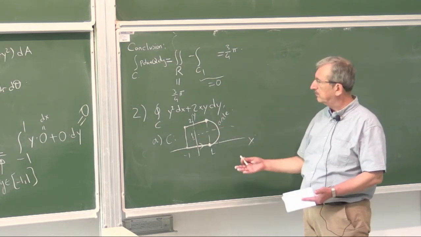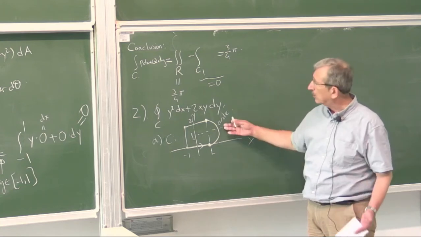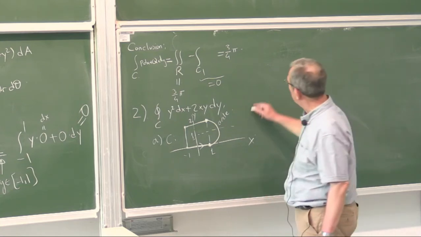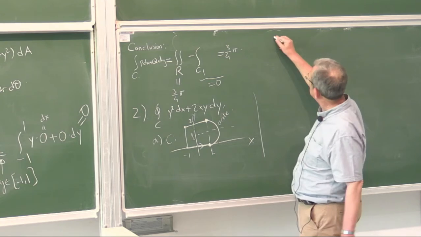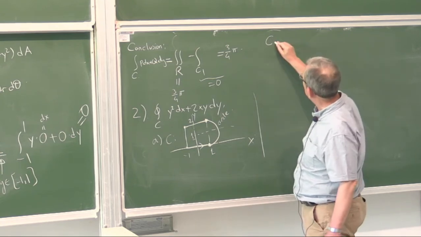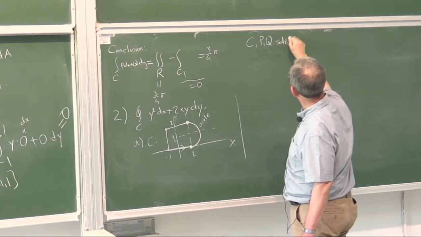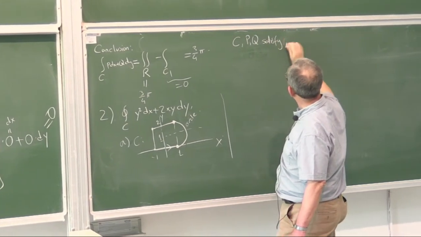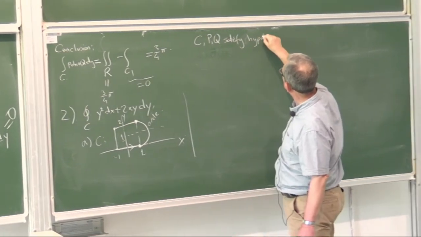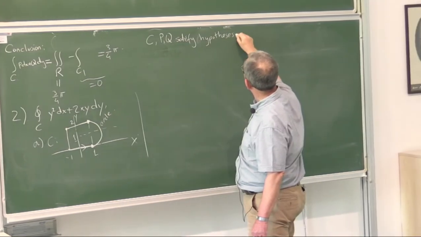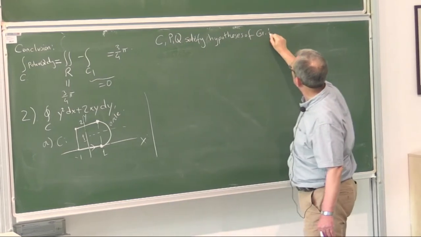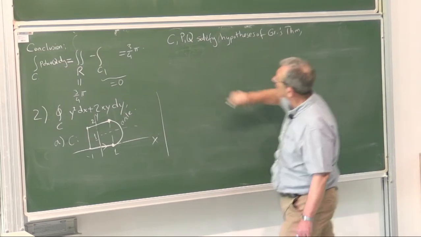It's closed, simple, counterclockwise oriented. So we see that C, P and Q satisfy the hypotheses of Green's theorem. So applied.